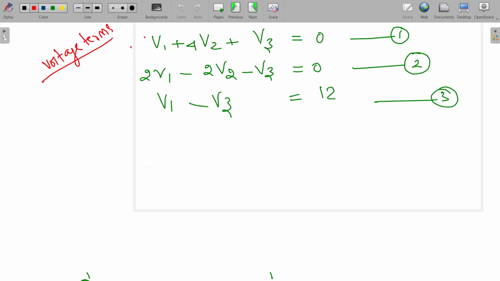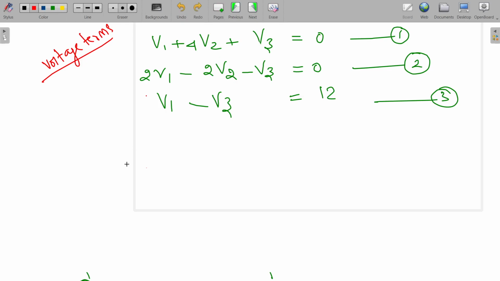So when you look into these three equations, these two equations have V1, V2, V3, but the third equation has only V1 and V3. So it is better to remove this V2 variable from these two equations.